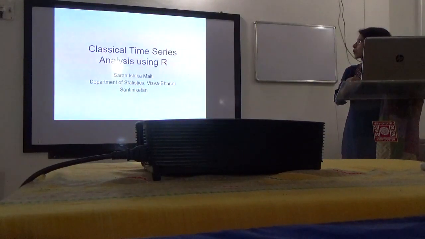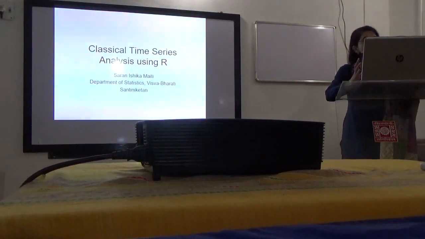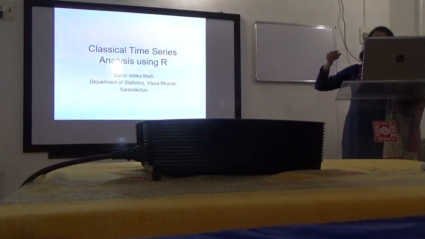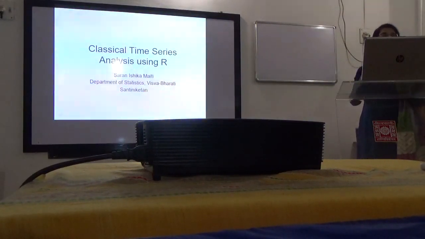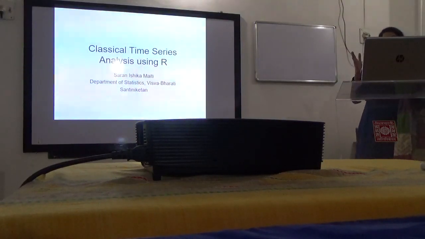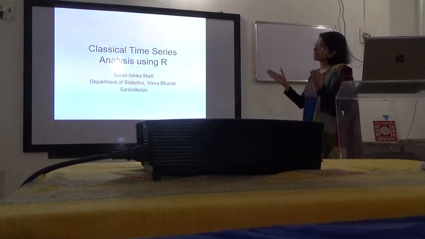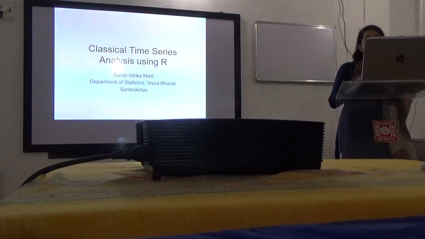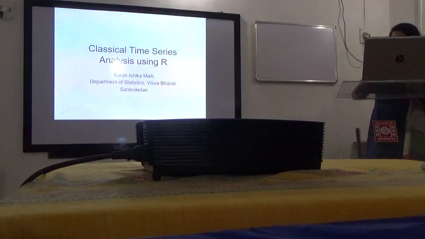So what are the time points? The time points should be equally spaced. That means you have an array of years. You could not have years like 1952, 1915, 1920, 2009. No, your time span will be in an increasing or decreasing manner with some equal spacing. The spacing should be equally distributed over the entire range.